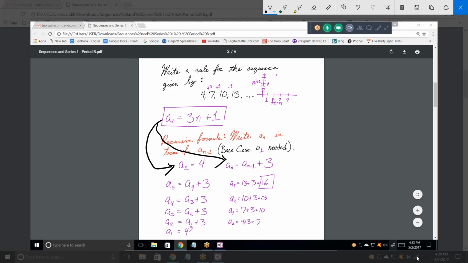Notice that the first term of that sequence is 4 when n is 1. And the nth term is always the previous term plus 3. In other words, the fourth term is always the third term plus 3, or the third term is always the second term plus 3. So the recursive formula you don't use very often because you have to know what that (n minus 1)th term is.